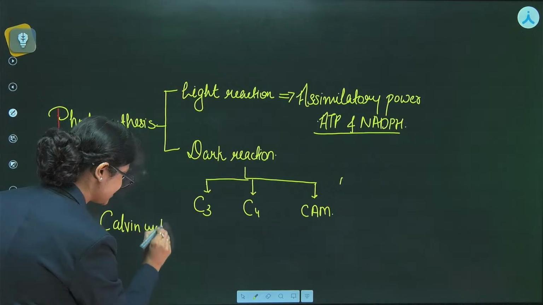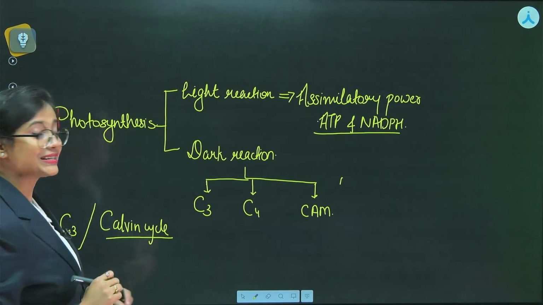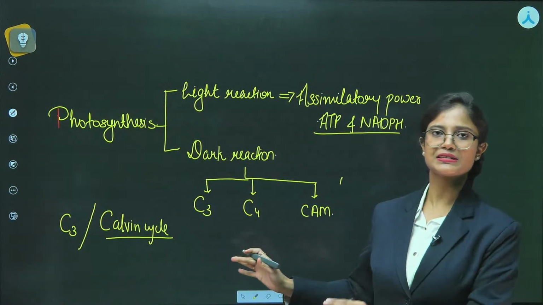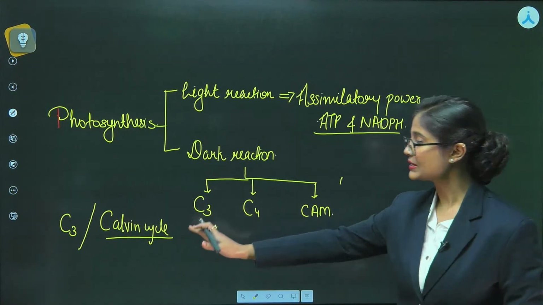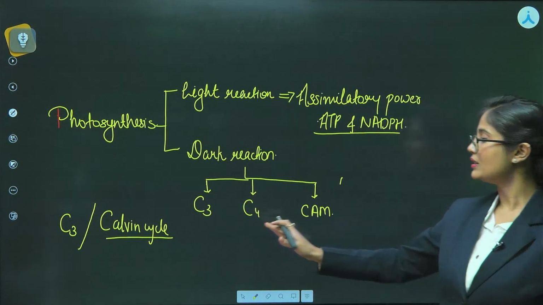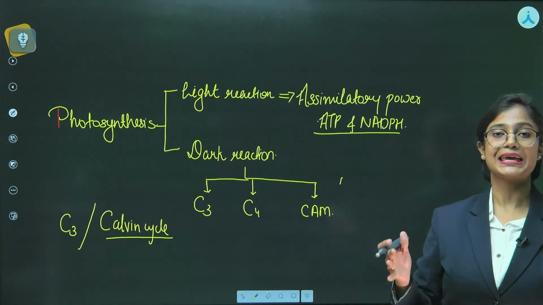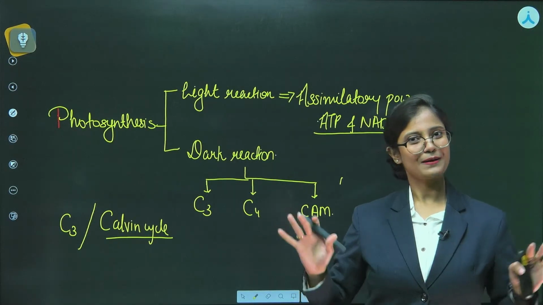Calvin cycle is also known as C3 cycle, right? तो ऐसा नहीं है कि C3 plants में सिर्फ Calvin cycle होती है और C4 plants में सिर्फ Hatch and Slack pathway होता है. C3 cycle takes place in all the three types of plants, C3, C4 and CAM plants, or we can say Calvin cycle takes place in all the photosynthetic plants.